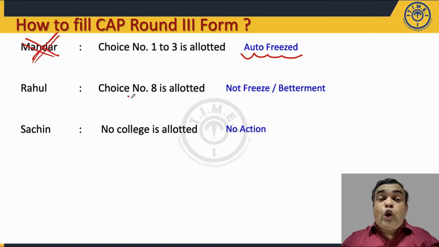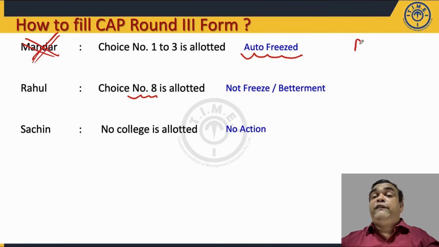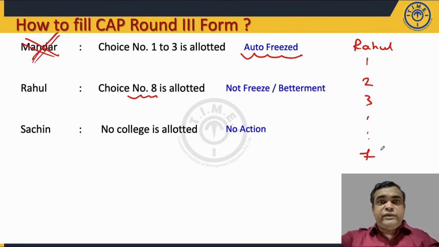But he's already allotted choice number 8. So what Rahul will do, while filling the form, he will fill only choice number 1, 2, 3 till 7 from the list which I have given you. He'll fill the top 7 colleges, or he'll fill the colleges better than the choice allotted in the previous round. And college number 8 will automatically come at the end.